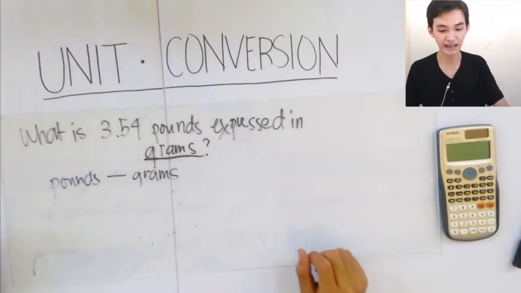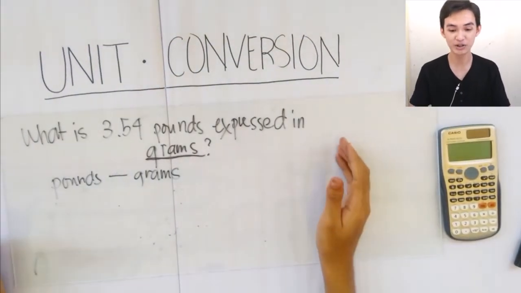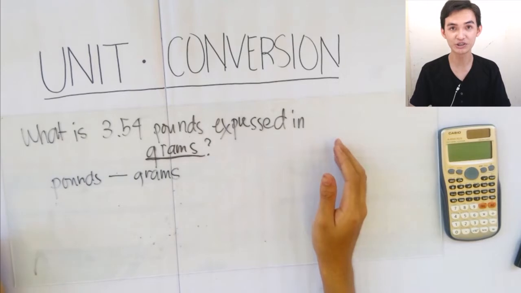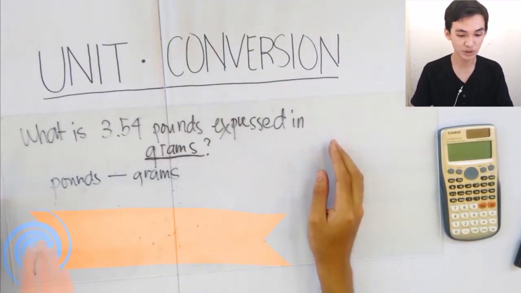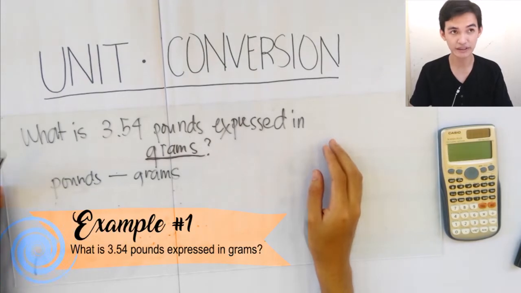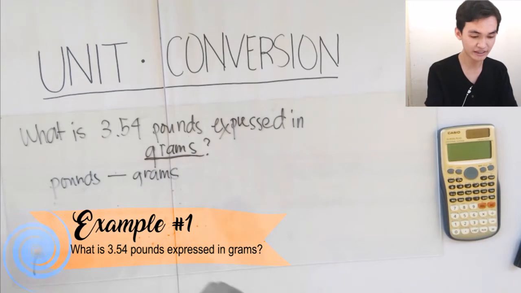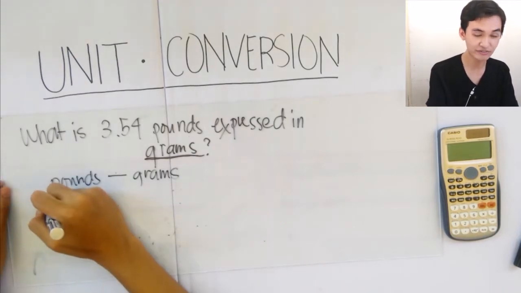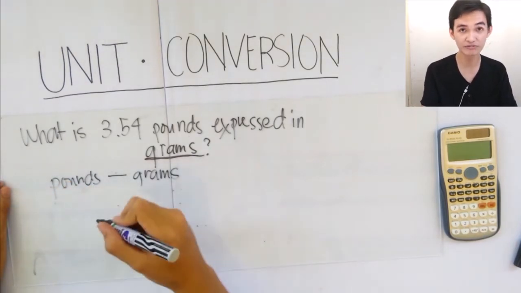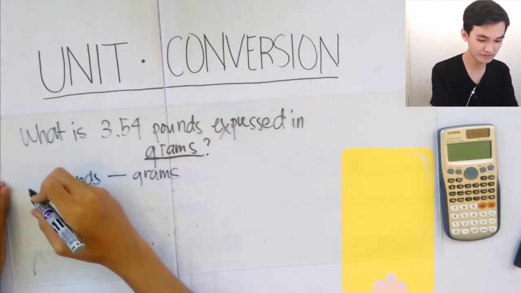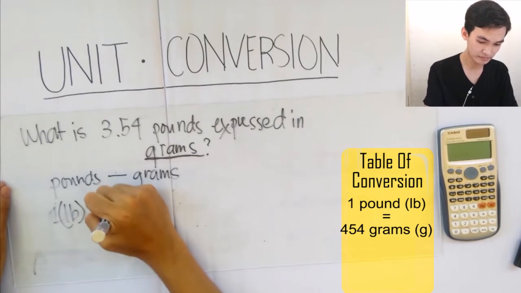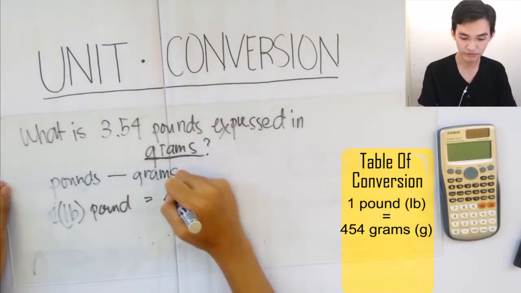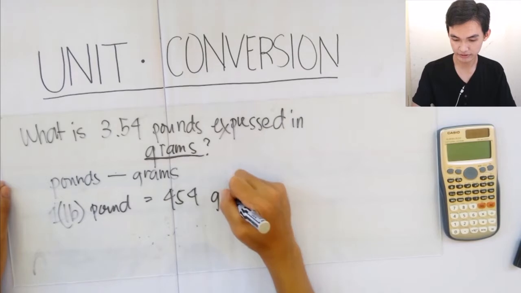We have here an example and a demonstration of how to convert one unit to another unit. As the question says, what is 3.54 pounds expressed in grams? So first, I'm going to write the conversion according to the conversion table, that 1 pound is equal to 454 grams.